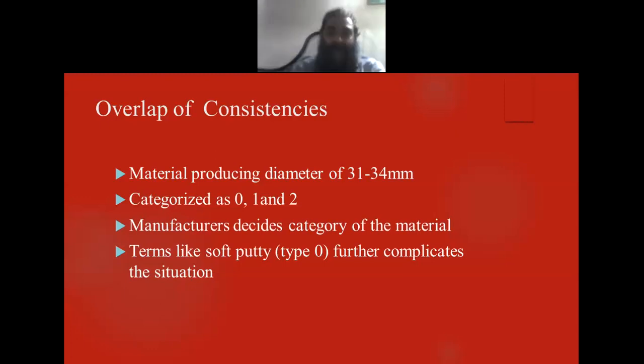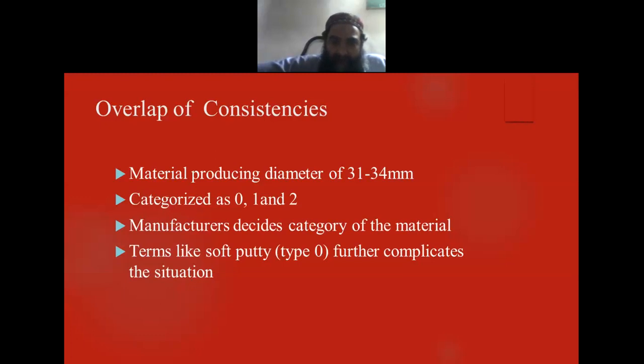Materials producing a diameter of 31 to 34 millimeter are usually categorized as 0, 1, and 2 types. So the manufacturer decides in which category a material should be placed.